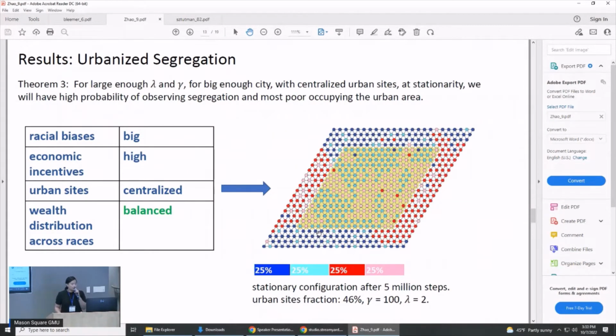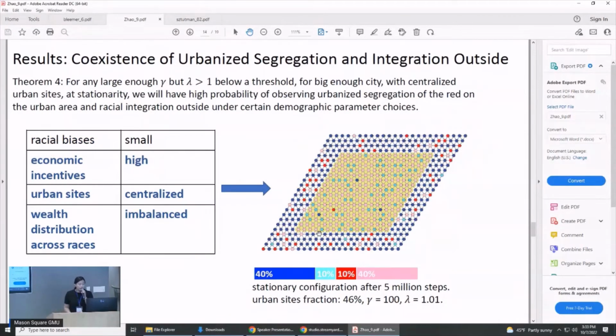Our third theorem considers what happens when all the other settings are the same, but there is no wealth inequality. In this case, if both biases are high, we still get segregation, but we would no longer observe segregation of one race in the urban area. Instead, there would be both poor blue and poor red agents occupying the urban area, like this picture shows. Notice that because this is a torus, the left side and right side are connected, and top and bottom are connected, so the segregation phenomenon is there.